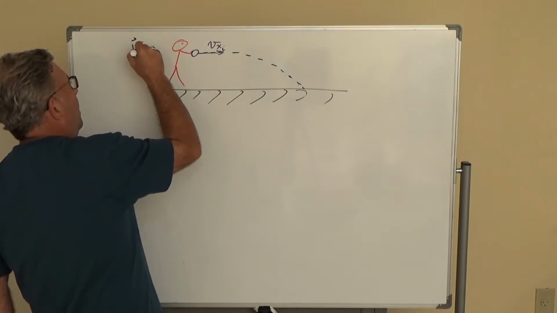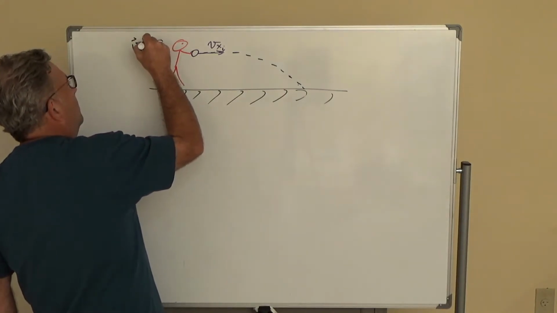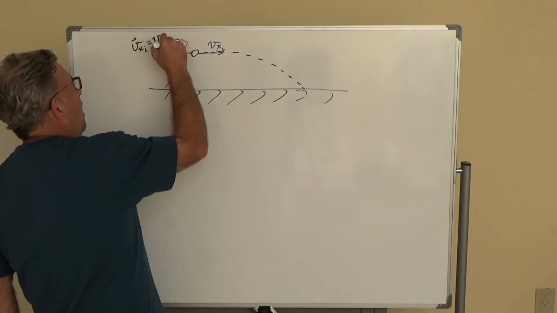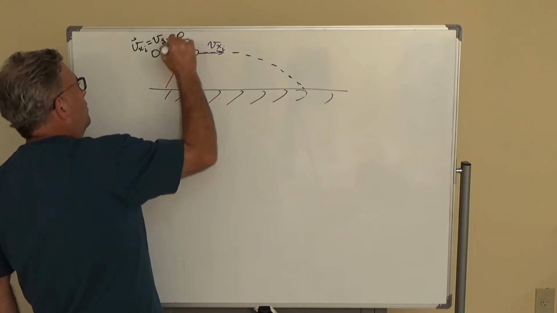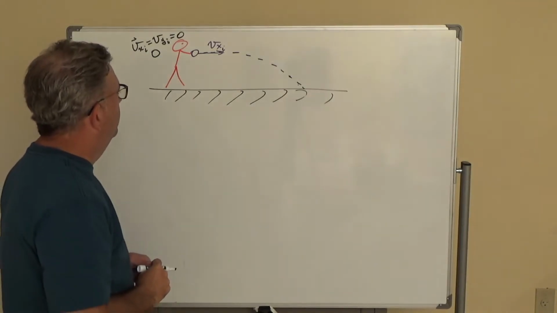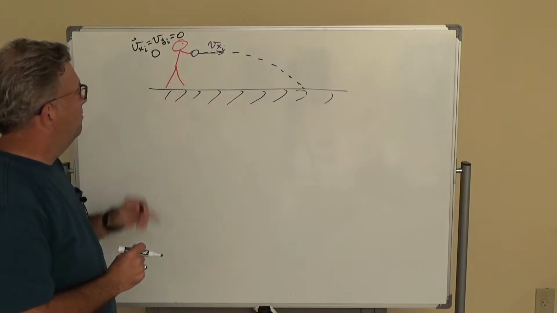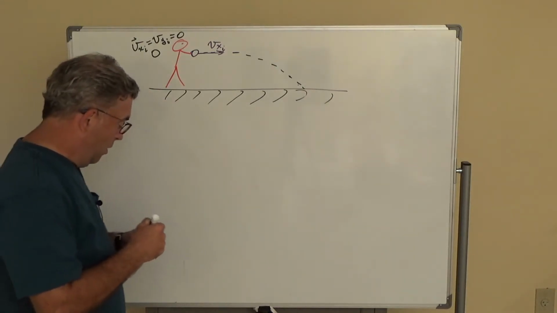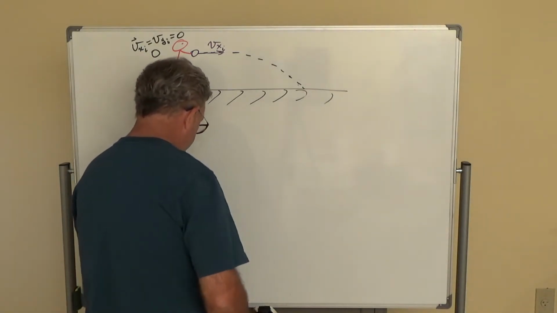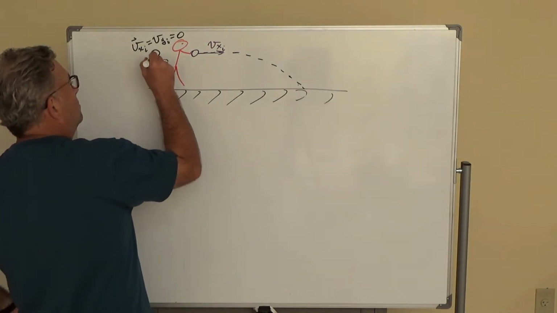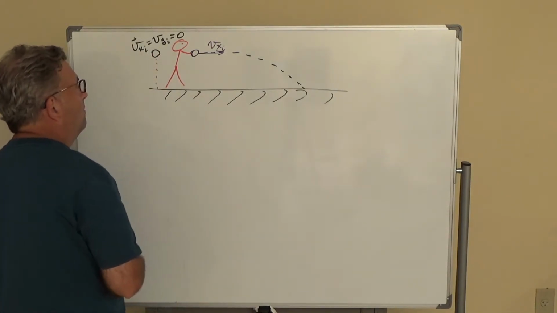So Vx initial is equal to Vy initial, and they're both equal to 0. So at the instant this leaves my hand, this object starts to fall. We all know what that looks like. That's just the object falling.